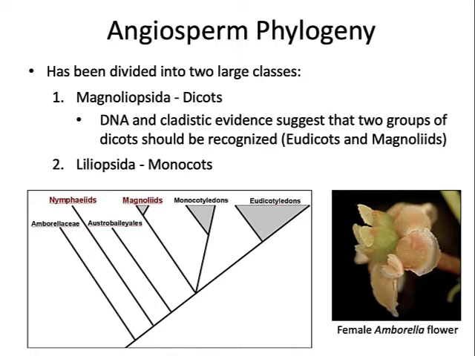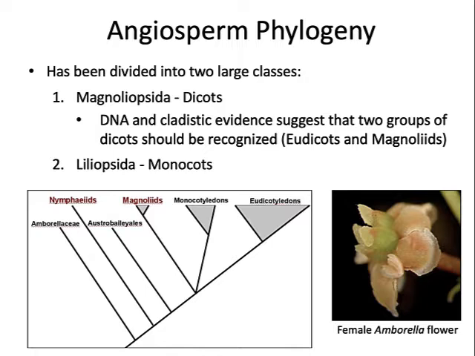DNA and other evidence suggests that the 2 groups of dicots are recognized as 2 distinct categories. The so-called eudicots, and notice the spelling on that word, it begins with the letters EU, and the magnoliids. And these magnoliids are the more primitive of the dicot groups. Then the Liliopsida is the monocots as we know them.